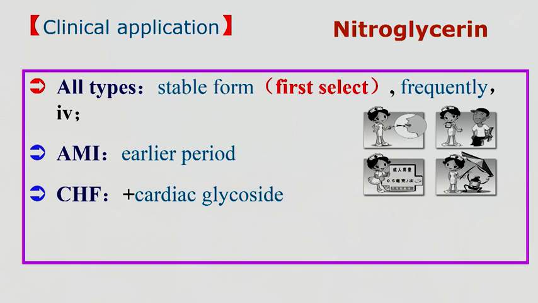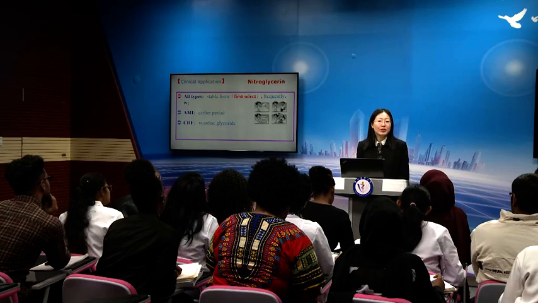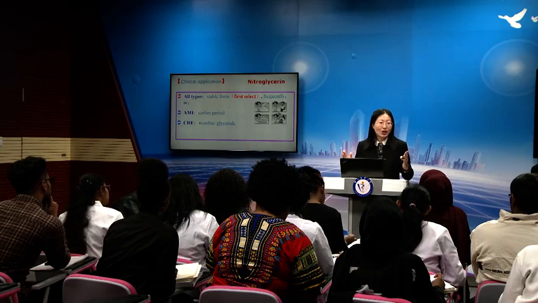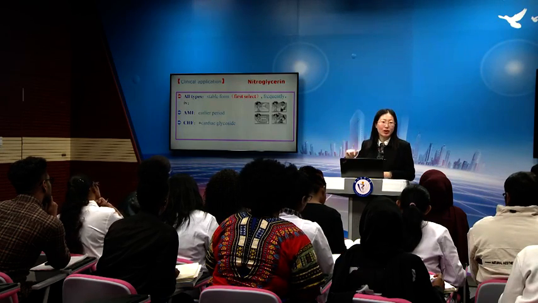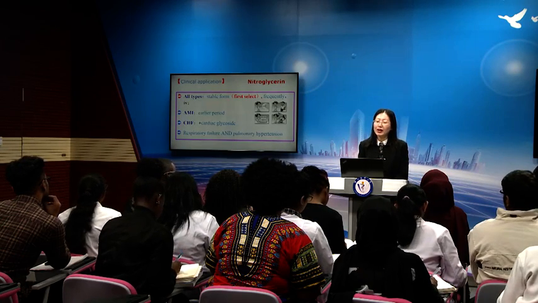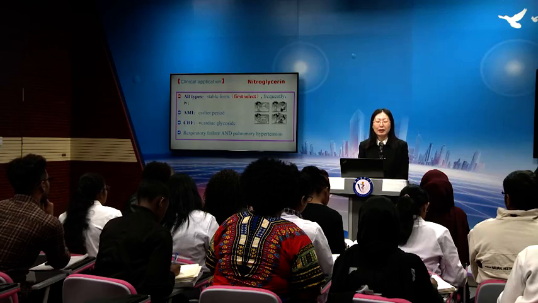So now I have a question: which kind of congestive heart failure patients? First, second, third or fourth stage? Mild, moderate, or serious patients? Serious, yes. The fourth stage heart failure patients will use vasodilators, such as nitroglycerin. And other patients, for example, respiratory failure and pulmonary hypertension.